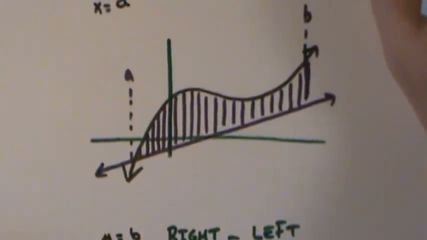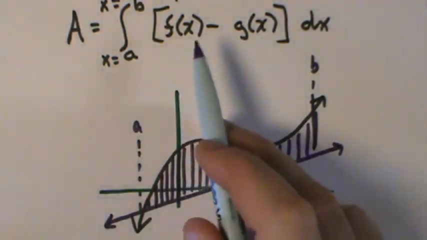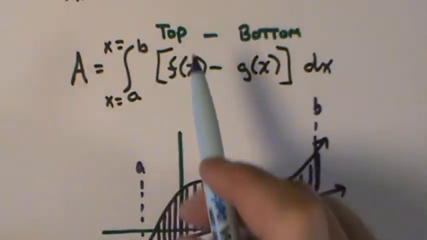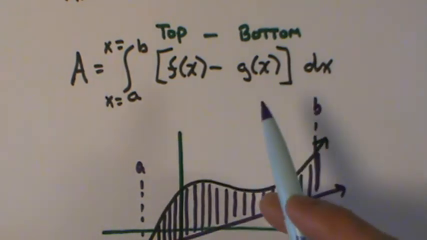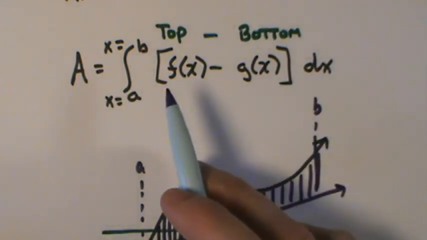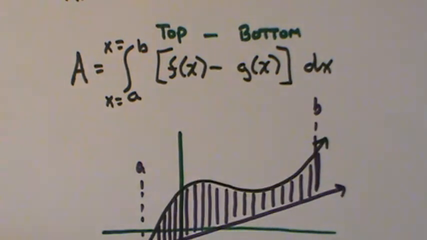If I go back up here, this would be solve for y. So this is all in terms of x, and that's my top function. So I have this all in terms of x minus the bottom function, that's all in terms of x. So I solve for the y's, so everything's in terms of x. That would be top minus bottom.